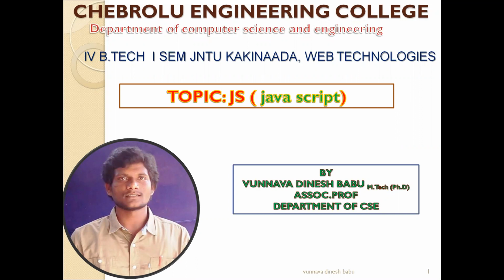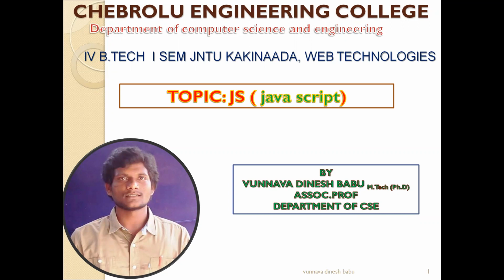Before going to constructors, we are going to see functions: how to define a function in JavaScript and how to call a function in JavaScript. After the completion of functions, we are going to discuss how to define a constructor in JavaScript and how the constructor is executed.